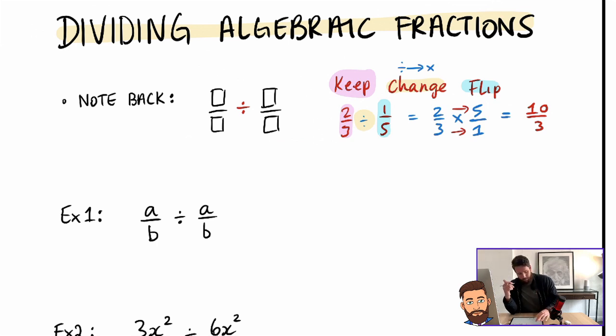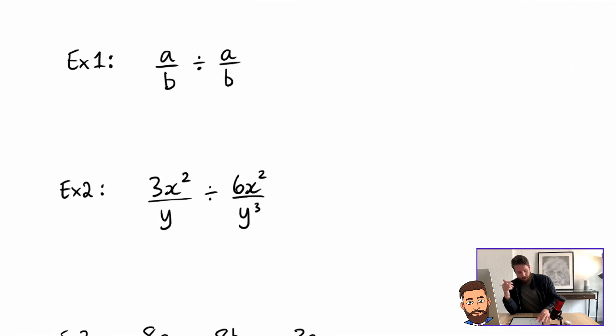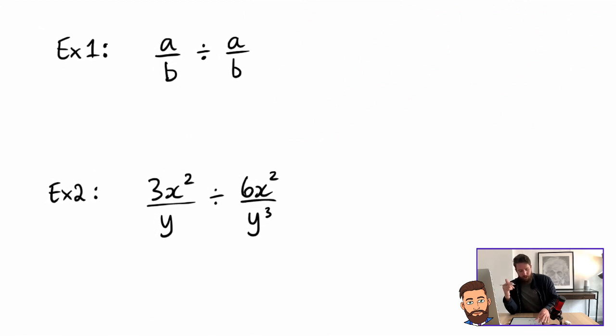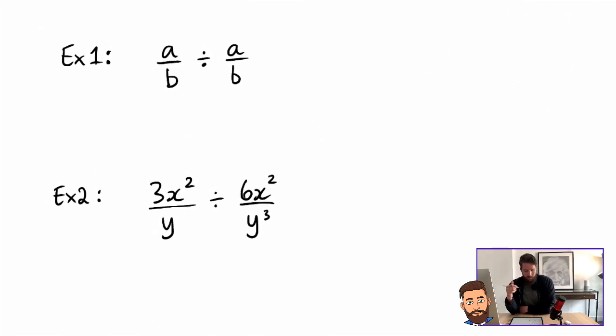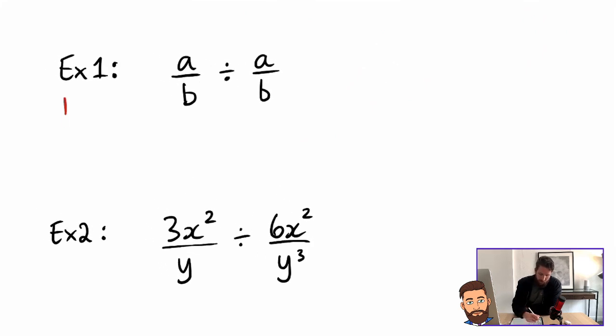Okay, so example 1. It says a over b divided by a over b. Well, the first thing we need to do is KCF. We need to keep, change, flip. We're going to keep, change to a times, and flip. If we flip a over b, we get b over a.